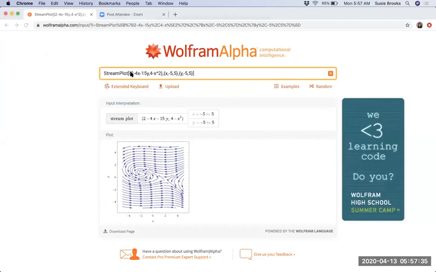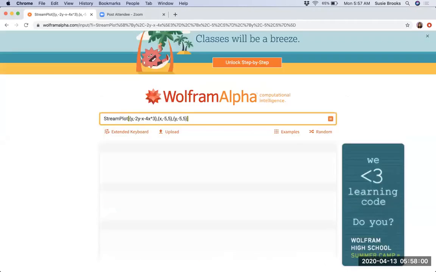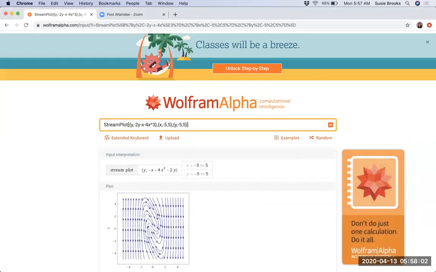And all I'm going to do is change my input right here. So my new DE was x prime equals y, and y prime equals negative 2y minus x minus 4x cubed. And I'm just going to keep the same restrictions on x and y, namely plus and minus 5. And I just hit return here.